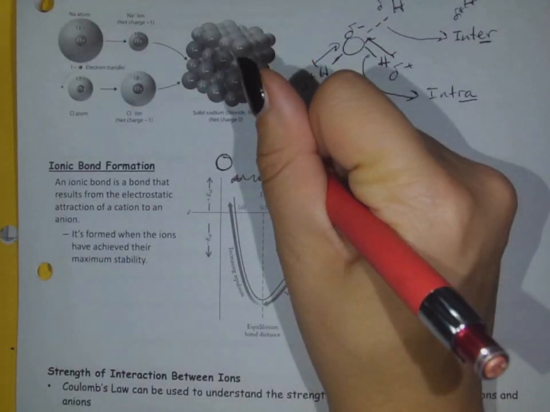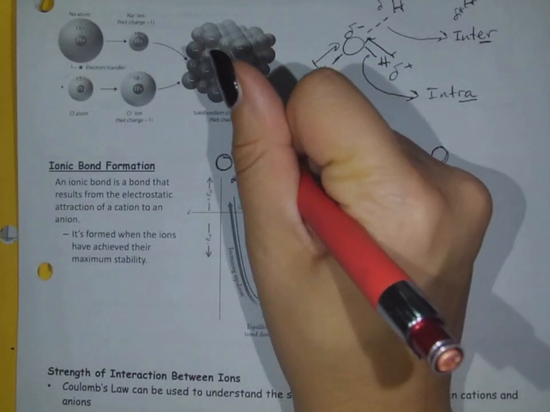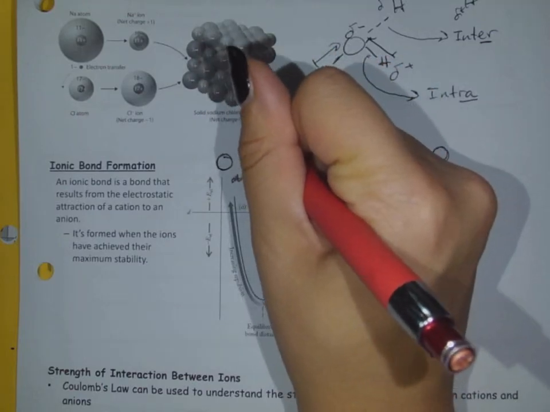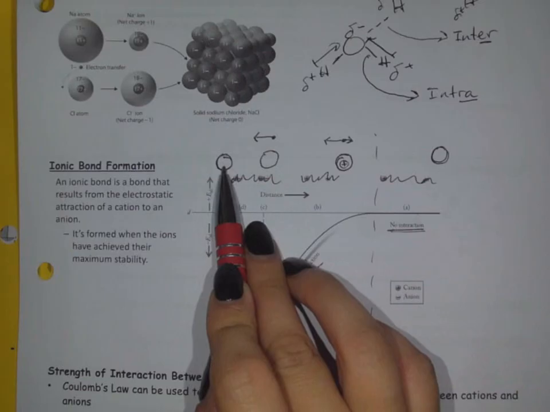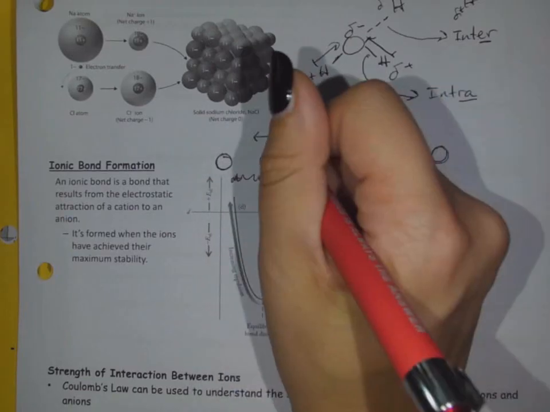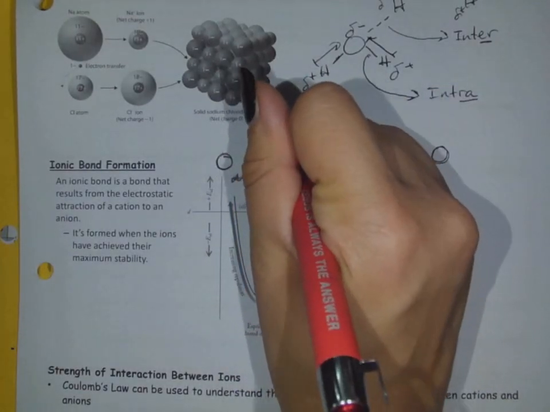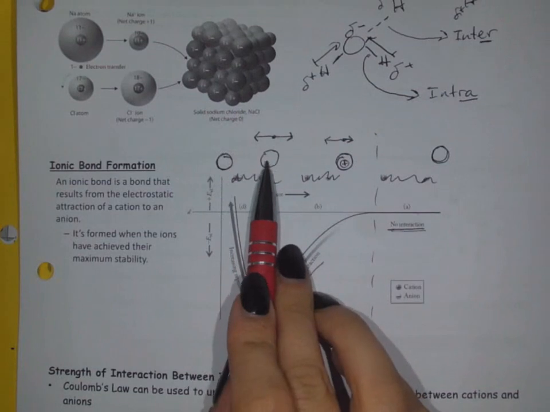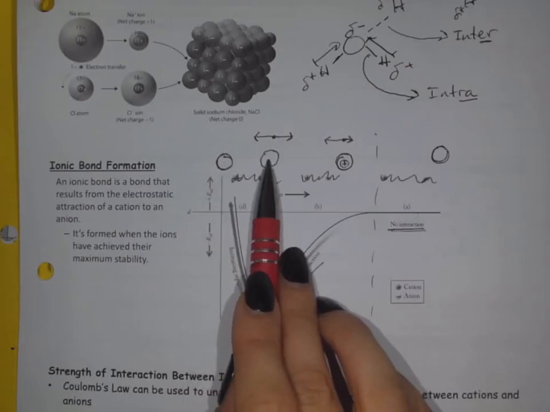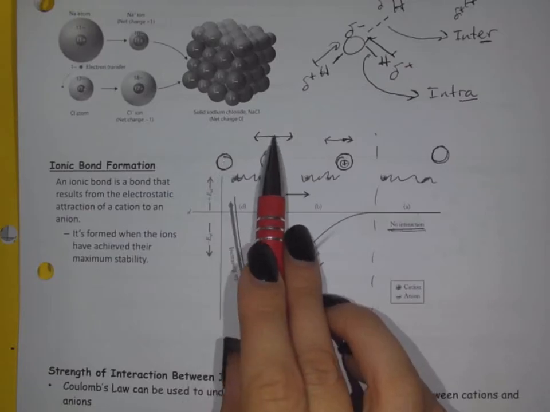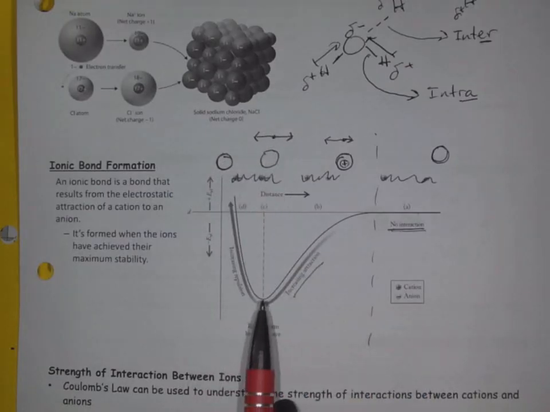Well, that's due to the fact that the attraction that this nucleus has for the electrons of the other atom is now equal to the repulsion that this nucleus has from the nucleus of the other atom. These positive protons are now pushing away the protons there, and they equal each other out at this low point in energy.